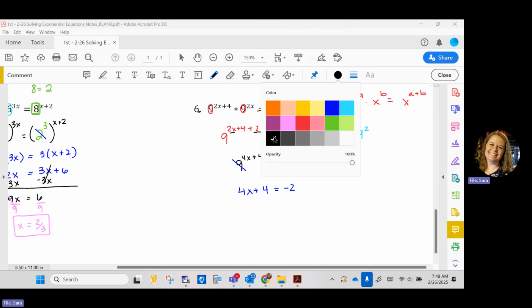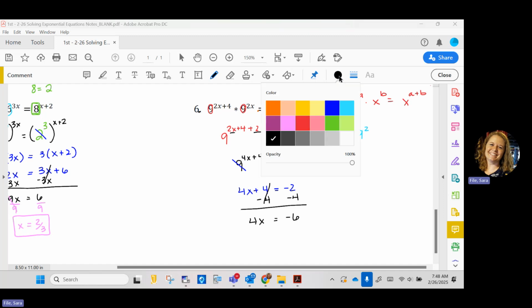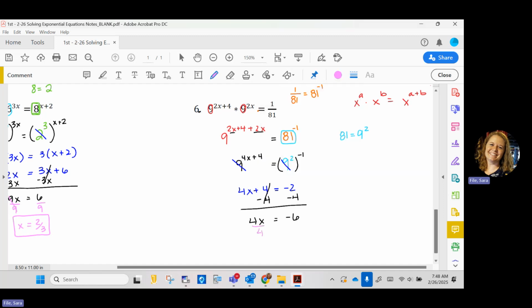I've only got one x term on the left, so I'm going to move my constants to the right. I have negative 6. And then I divide out my coefficient. It doesn't divide evenly, but I can reduce the fraction again. And that would be negative 3/2.